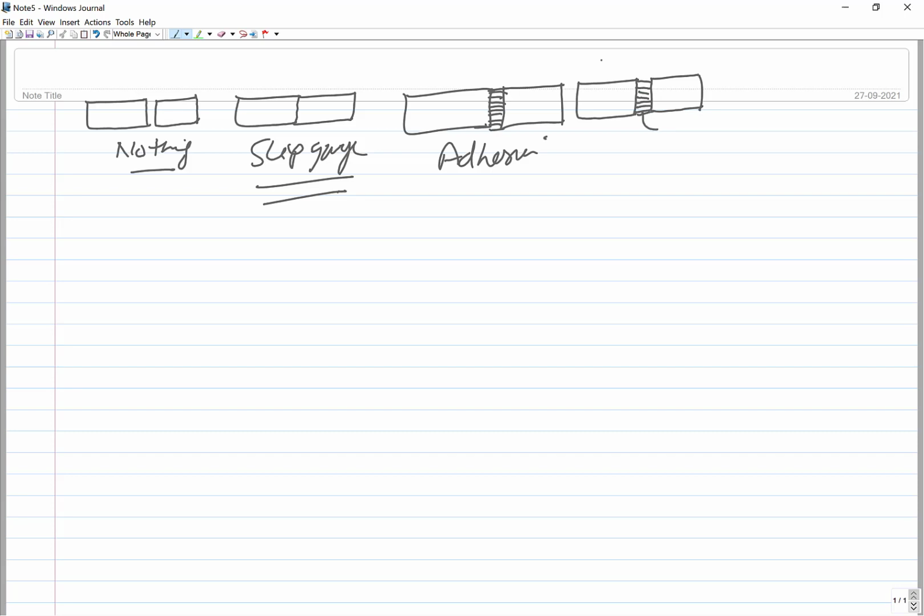Say your base metal has a melting point of 800, and you are putting a low melting point metal of say 450 or 250 degrees centigrade in between. So the filler only will be melting, but there is no melting of the base metal. This is the principle used in brazing and soldering. Because of the low melting point, these are very weak joints, but still they develop the joint.